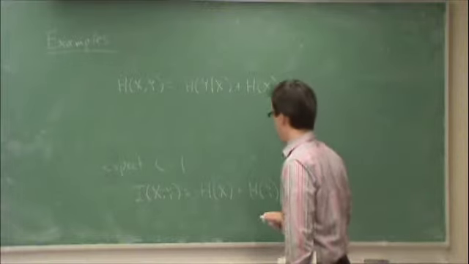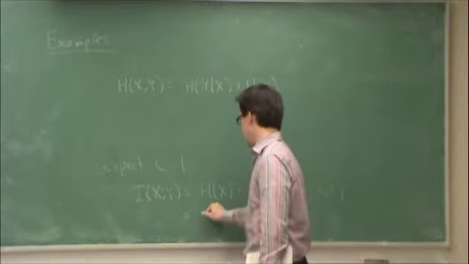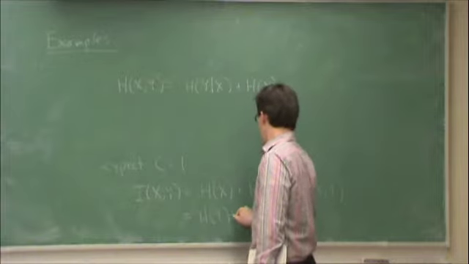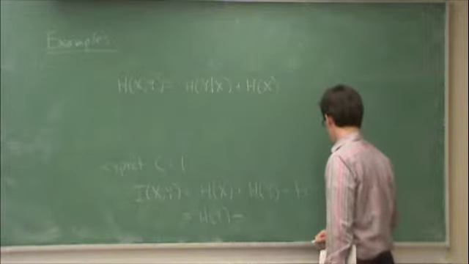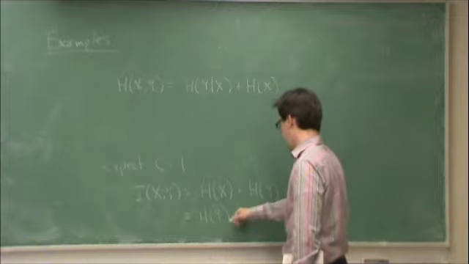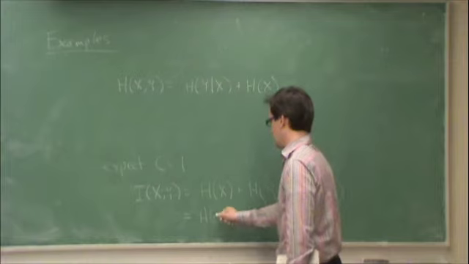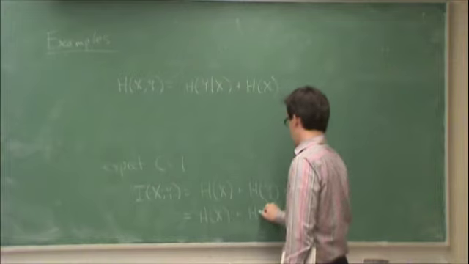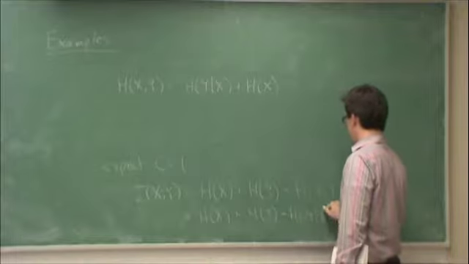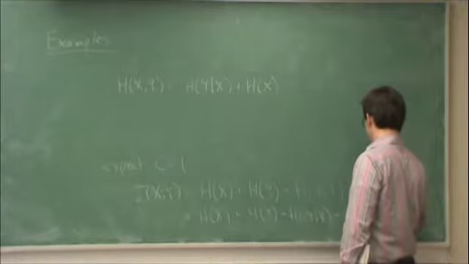So therefore, let me write this explicitly: H(X) plus H(Y) minus H(Y|X) minus H(X).